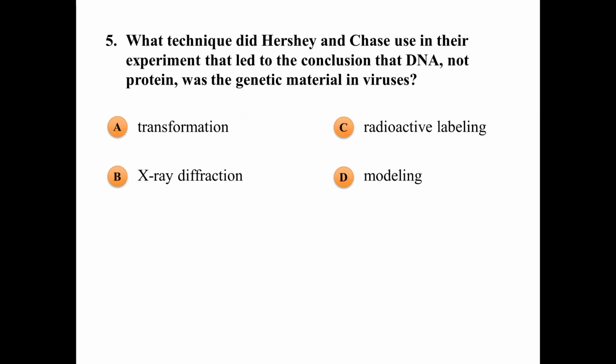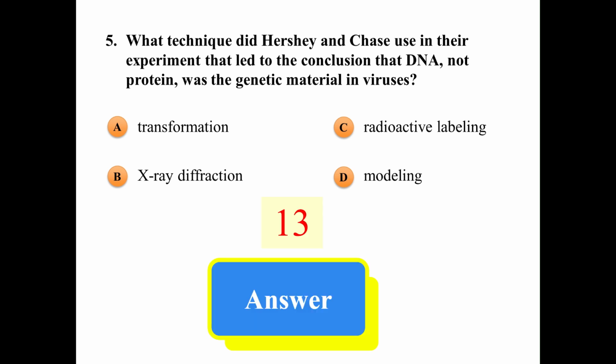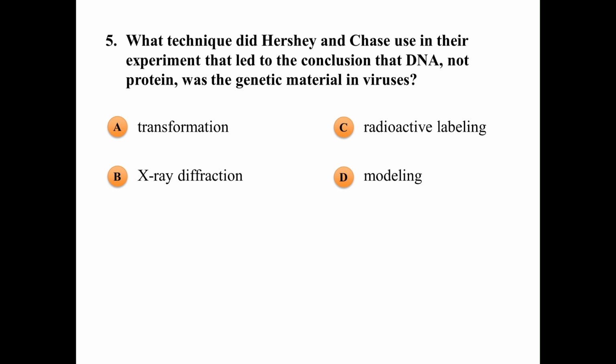What technique did Hershey and Chase use in their experiment that led to the conclusion that DNA, not protein, was the genetic material in viruses? The correct answer is C, radioactive labeling.